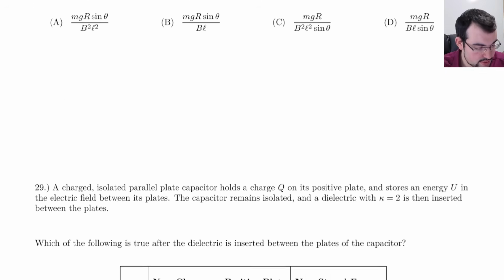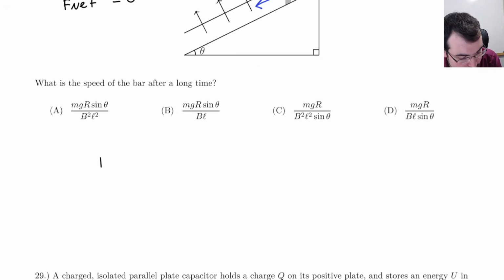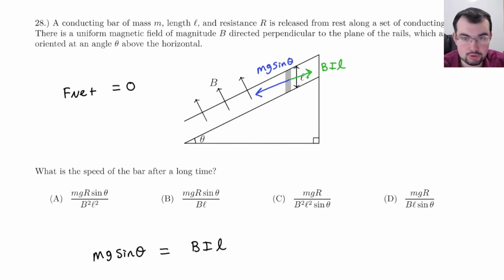So this means that the force down the ramp, which is, what is the force down the ramp? The force down the ramp would be mg sine theta, has to equal the force up the ramp, BIL. And this is a motional EMF problem, which means that the EMF induced would be vBL.